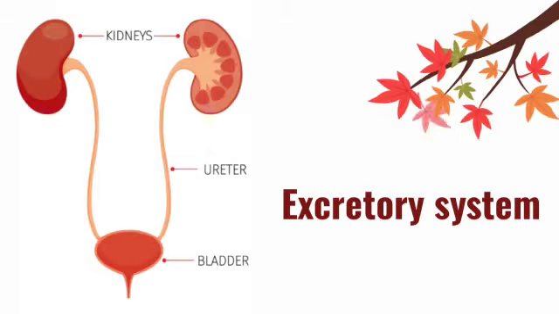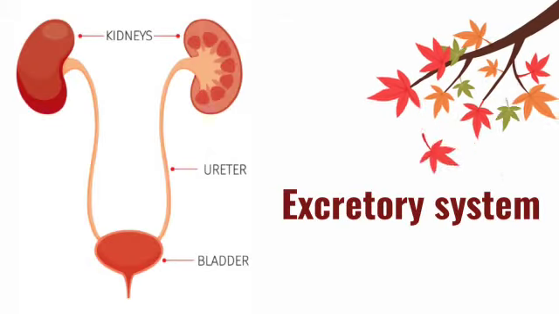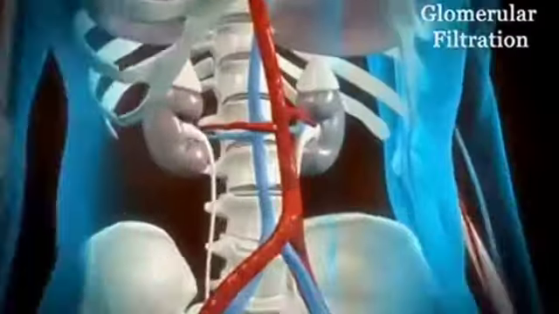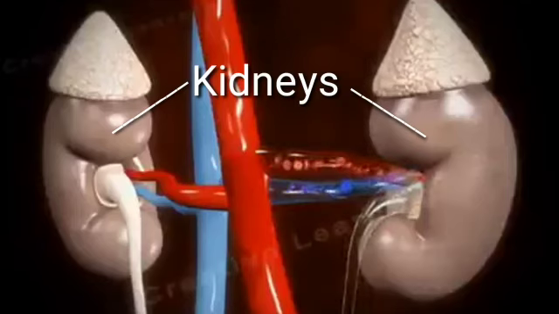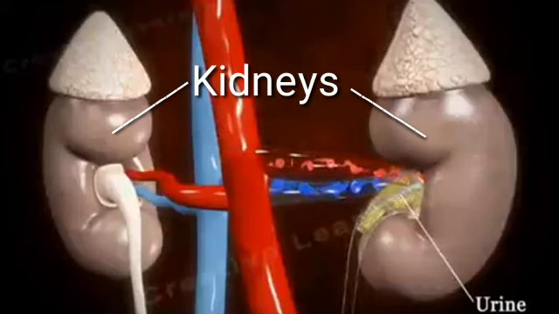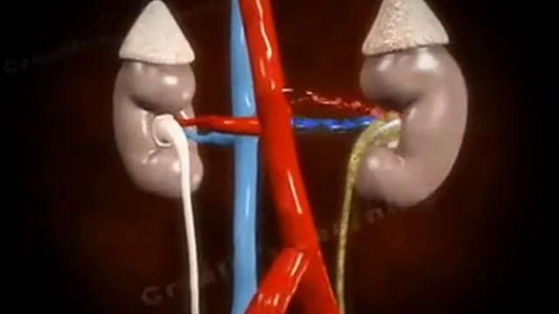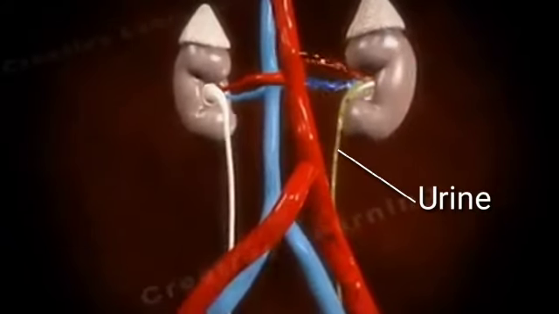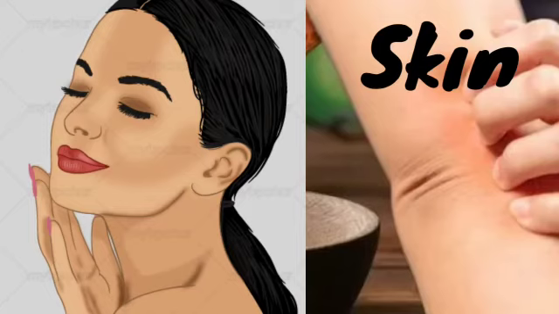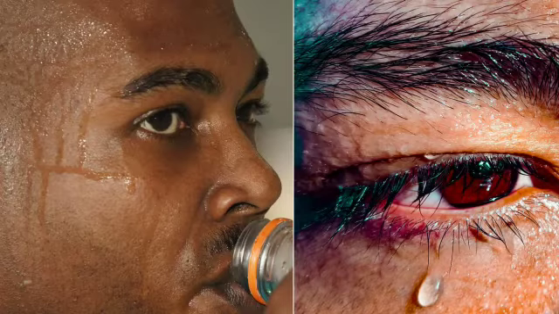The excretory system of our body mainly consists of a pair of kidneys that help us to throw the waste products out of our body in the form of urine. Our skin also helps us in throwing out the waste in the form of sweat.